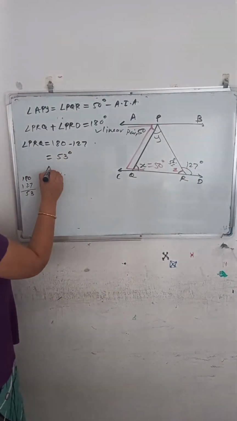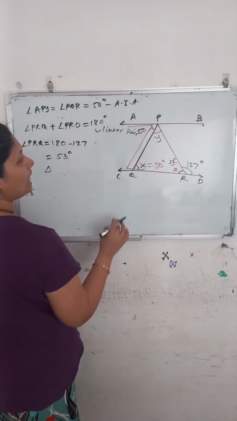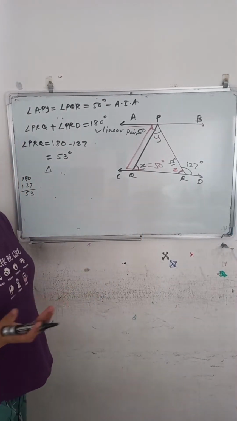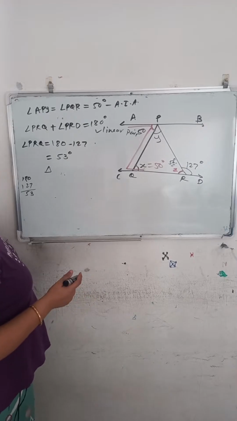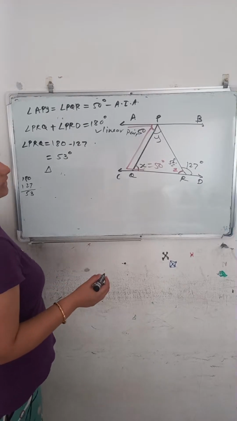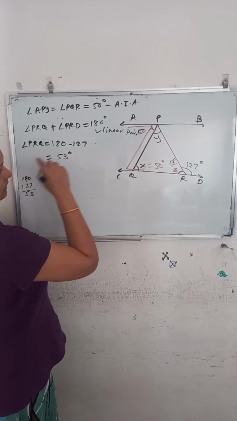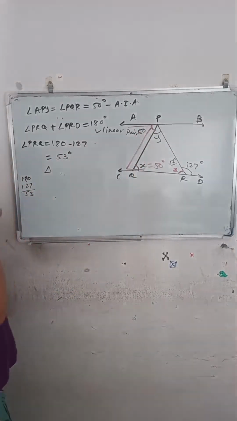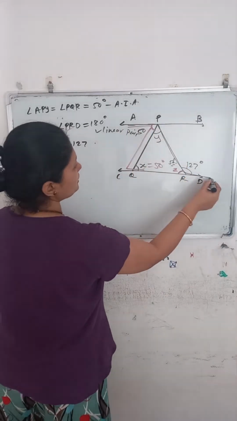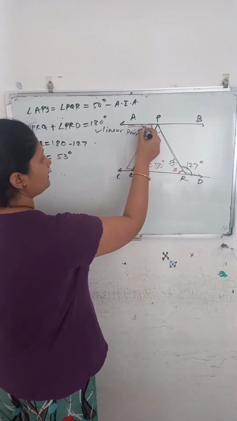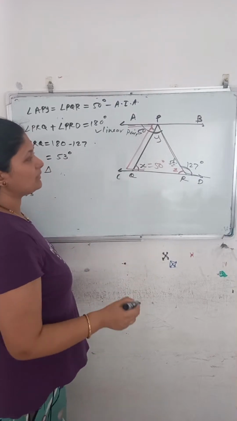Now if you consider triangle PQR, the triangle angle sum is 180 degrees. So that way you can find the answer. So here see, this is also a formation of Z. This is 127. Then this entire angle is also 127.